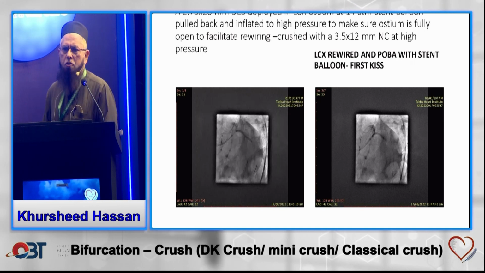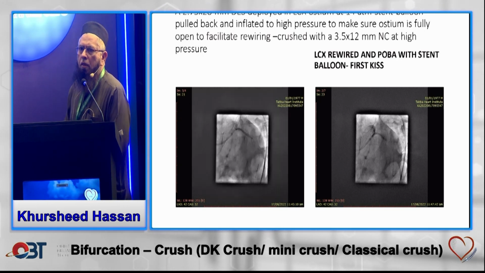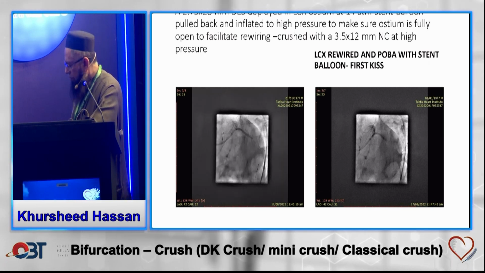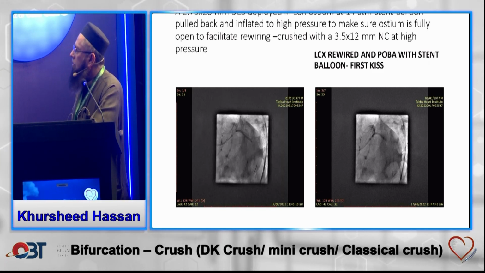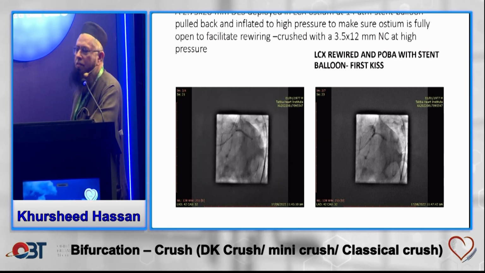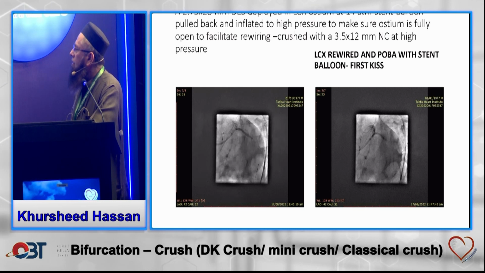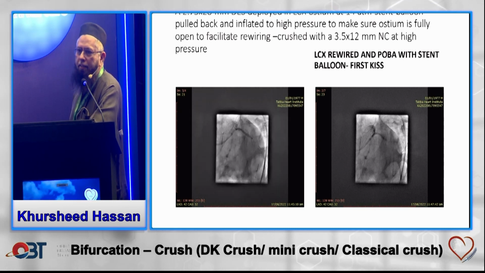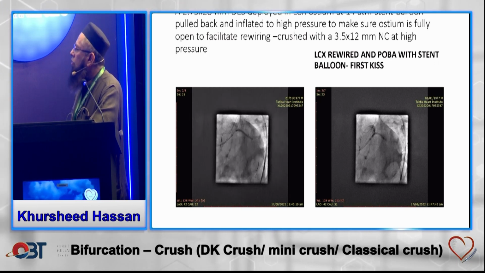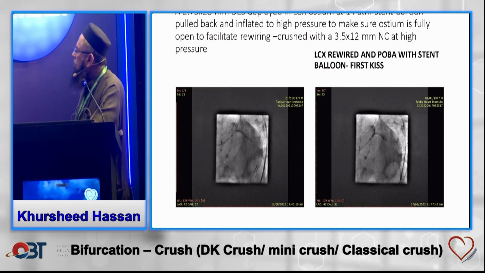The point is to make your ostium as big as possible, to make the recrossing easier, because it is the ostium which gives you the problem. Stent thrombosis, restenosis, the Achilles heel is the ostium of the side branch. So you have to make sure that you do a good job before you crush it.